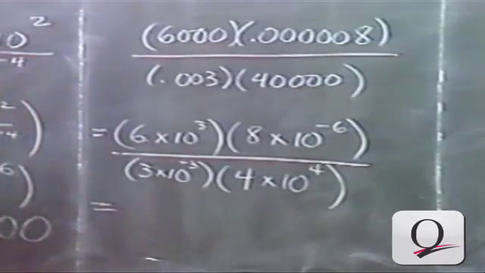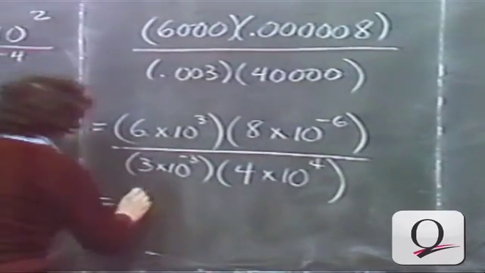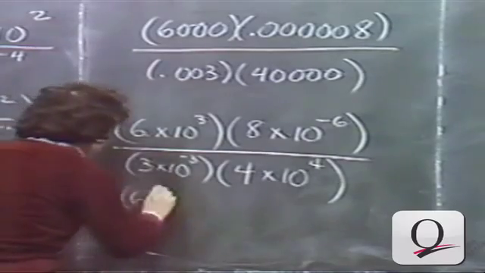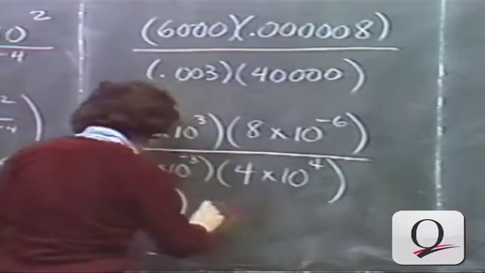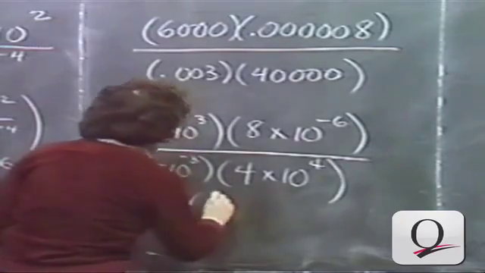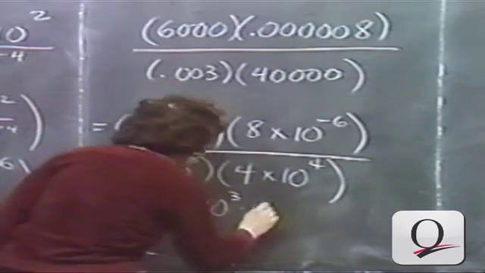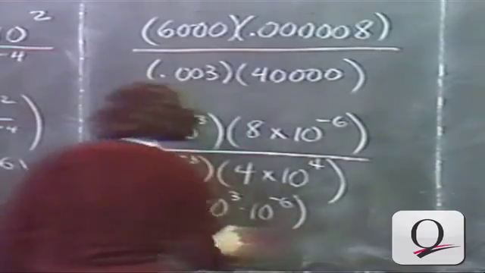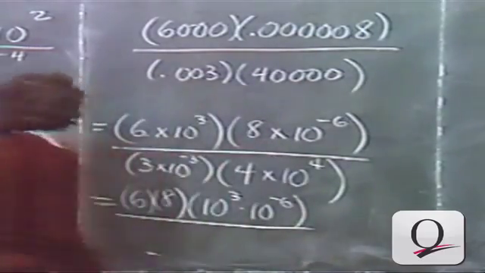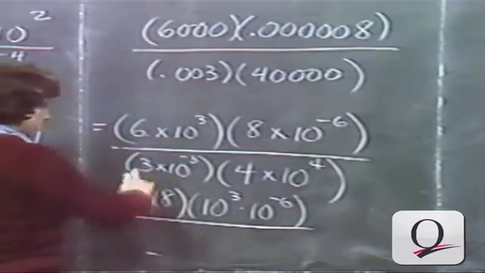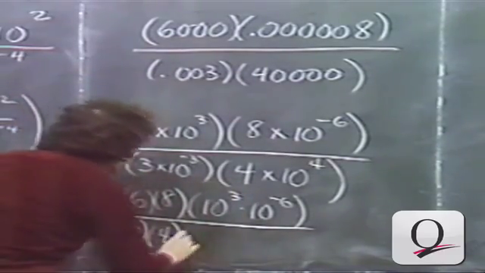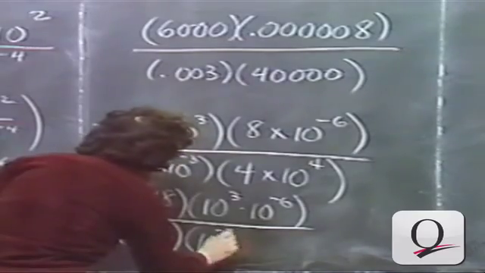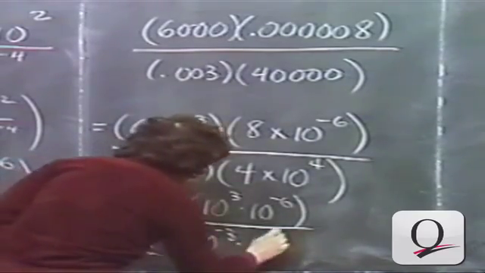Okay. On the top, we have 6 times 8, times 10 to the 3 times 10 to the minus 6, rewriting the numbers without exponents first, and then on the bottom, 3 times 4, 10 to the minus 3 times 10 to the 4th.